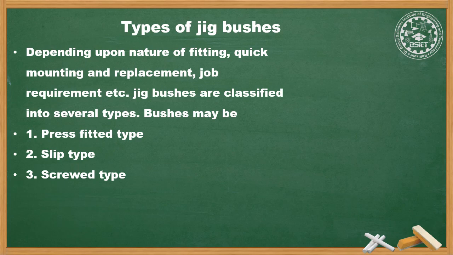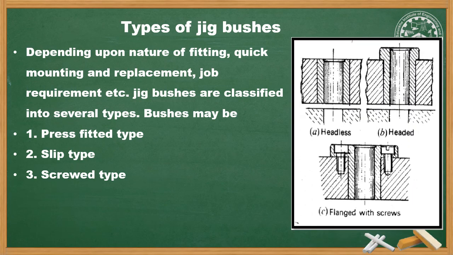Press fitted thin sleeve type bushes are generally used for shorter runs and are not renewable. Renewable type slip bushes are used with a liner, but screw bushes, though renewable, may be used with or without a liner. Bushes may be classified as shown in the figure aside.